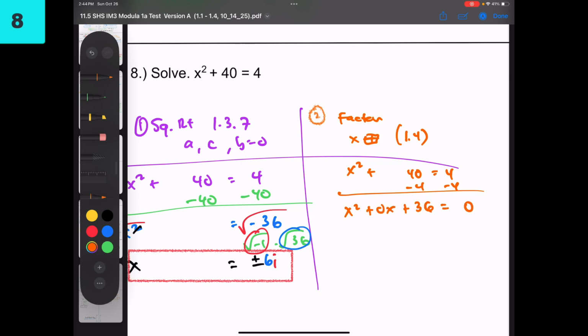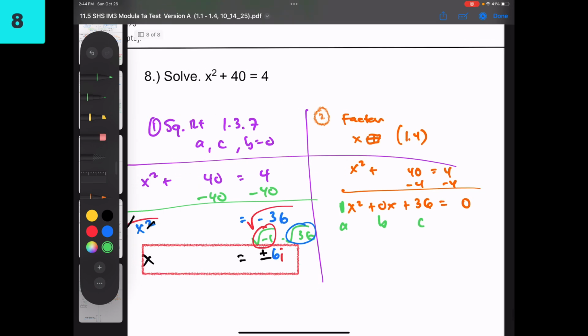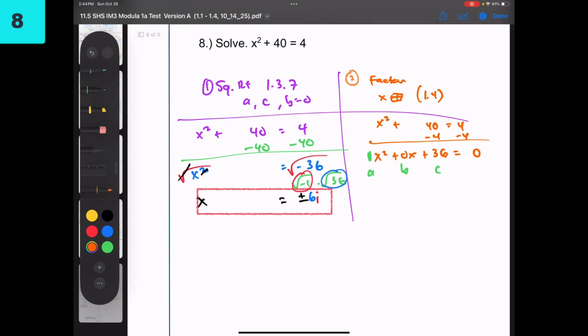Notice there I put the placeholder for the b value. So a is 1, b is 0, and c is 36. Your a value is 1, so you don't need the box.